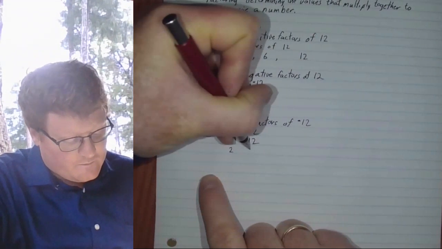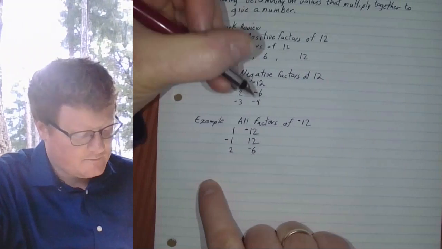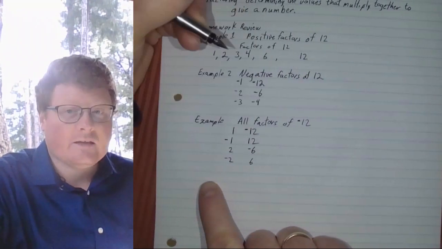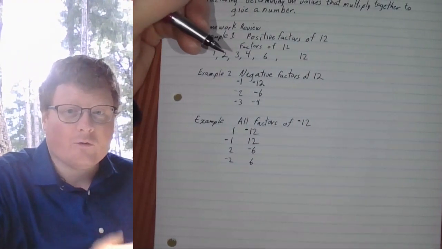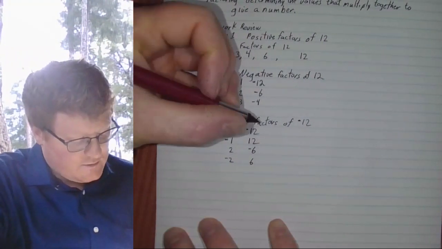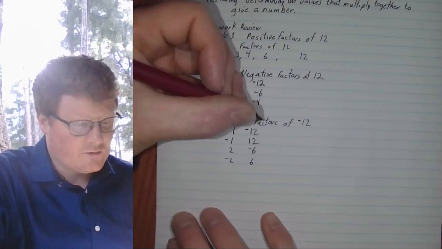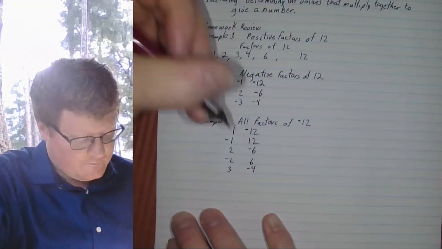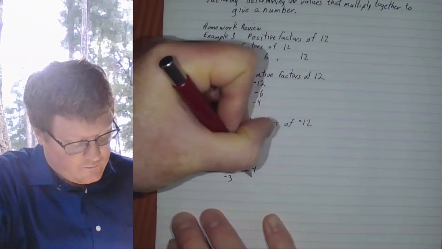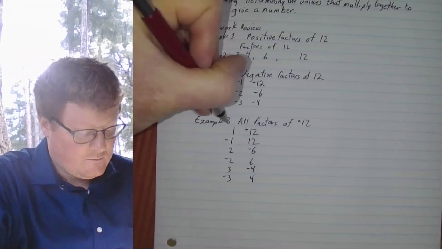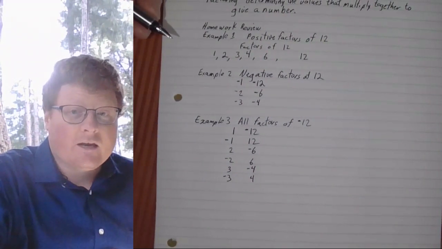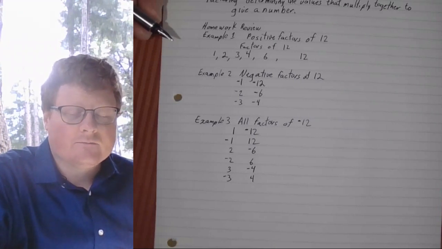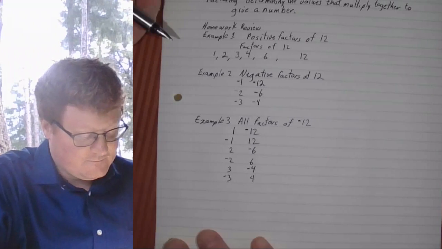Then we have 2 and negative 6, negative 2 and 6. And these don't have a specific order. You can work whichever order you want. I just like the consecutive sequential order here. All right. 3, negative 4, negative 3, 4. These would be my factors of negative 12.